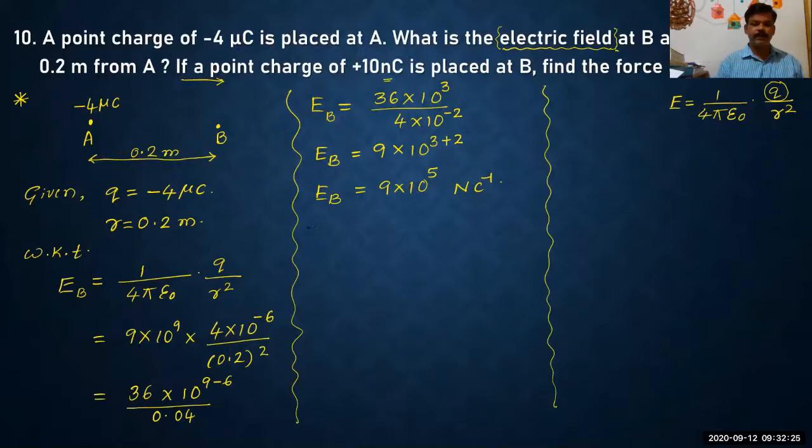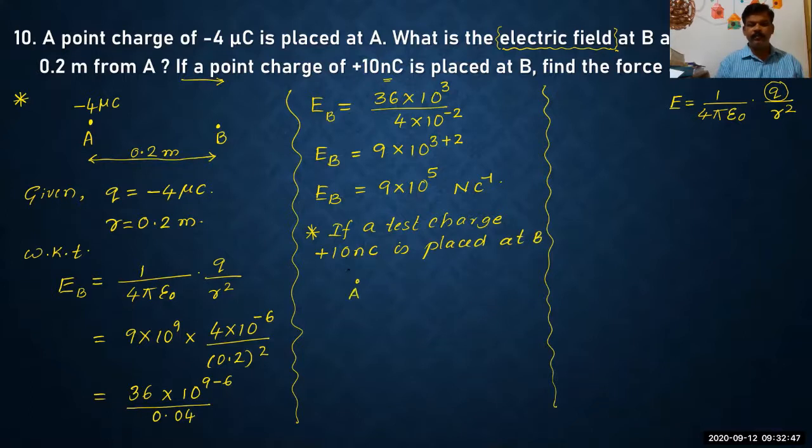Next, the second part now. If a test charge, okay, how much is the value of the test charge? Plus 10 nanocoulomb is placed at B. See, already A is there.